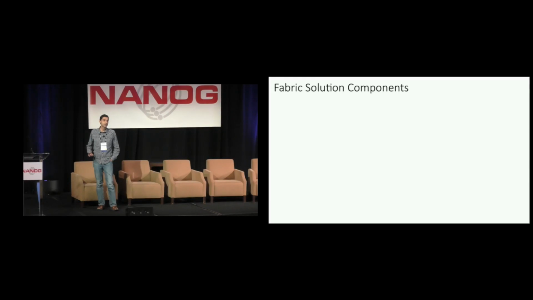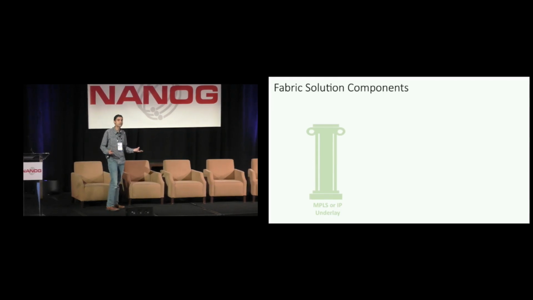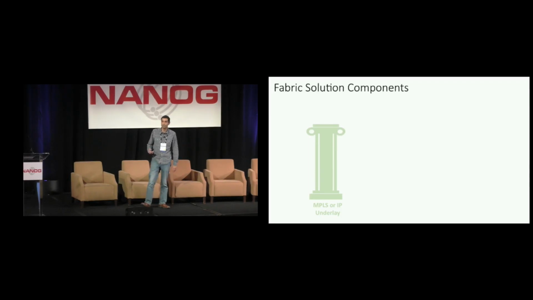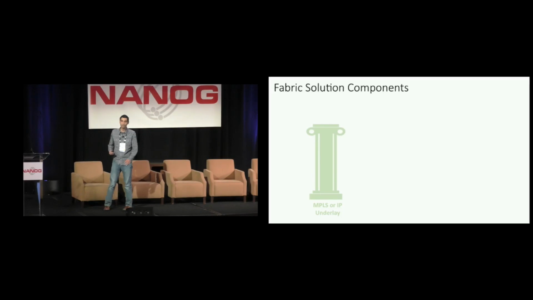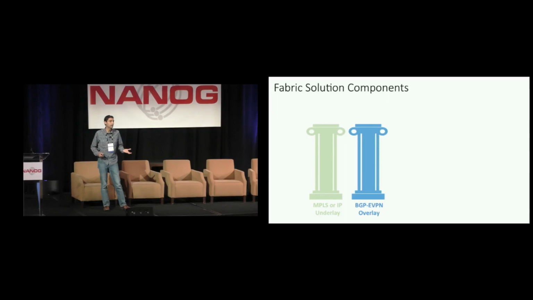We'll talk about the solution in 4 key parts. There's the underlay routed fabric, which is essentially a standard IP routed fabric that provides layer 3 connectivity between different leaves and spine nodes in your data center. Nothing terribly fancy here, just a standard routed fabric, but we'll realize the benefits of working on top of it. A VPN overlay that is going to be enabled using BGP EVPN as the control plane.